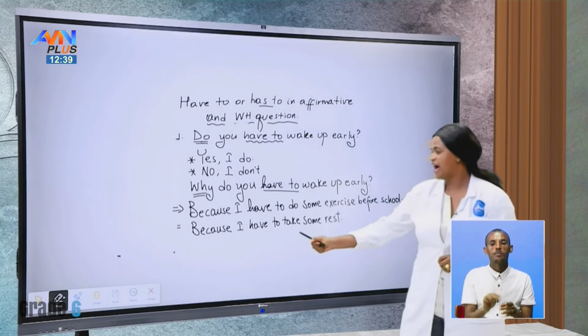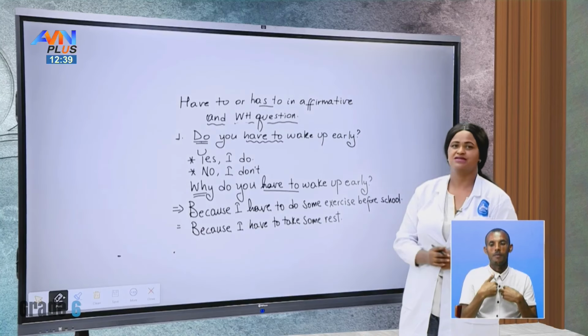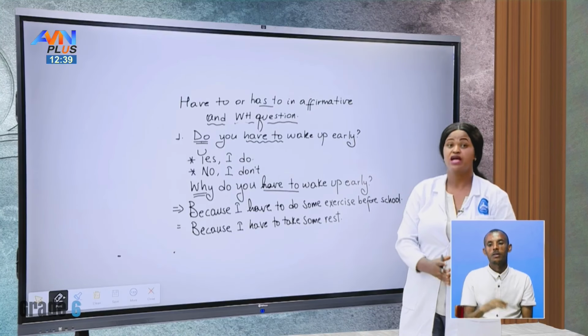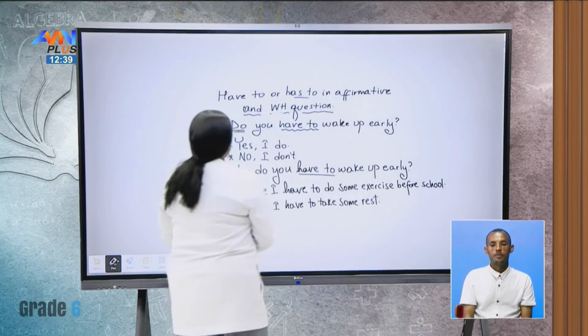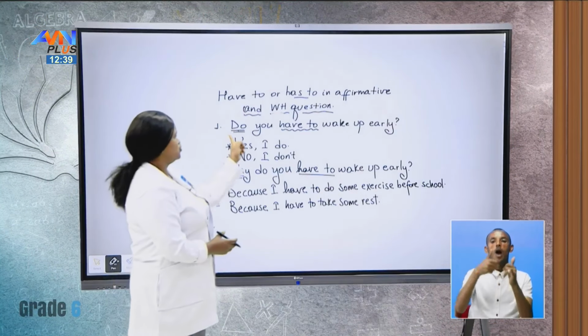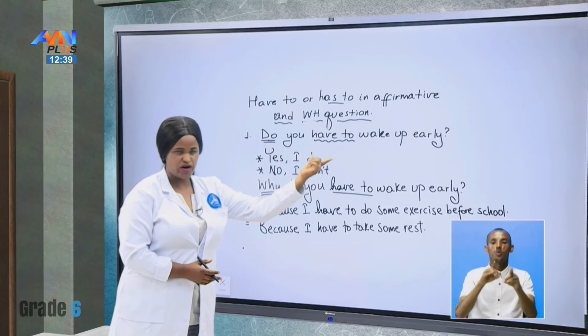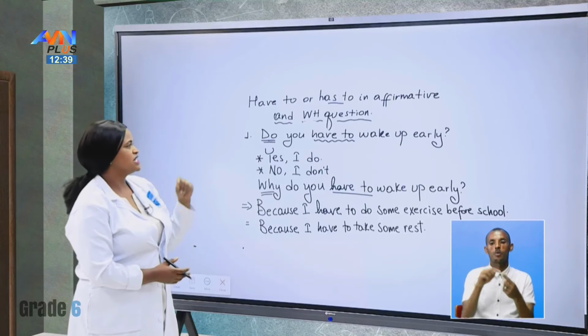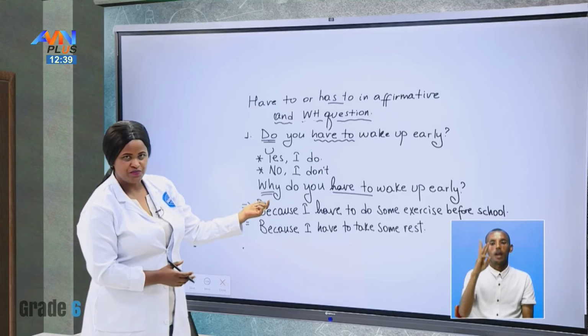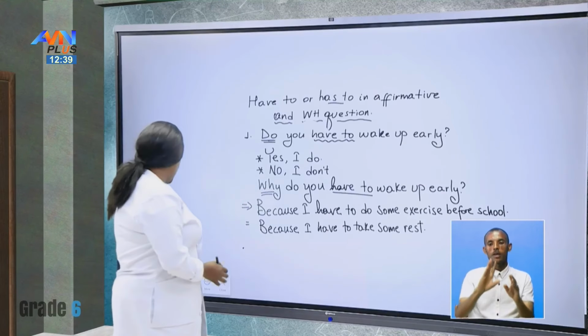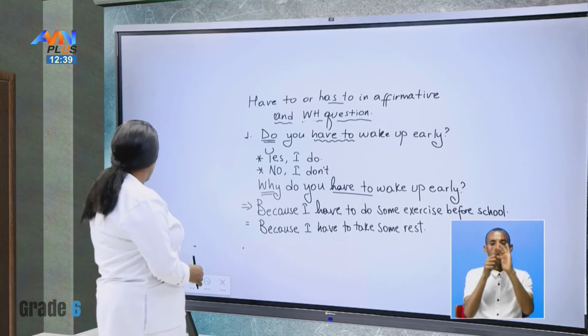Because I have to take some rest. That means I have to stay, yes, I have to stay on my bed. So this is how we use do with have to or has to. We will see does and the other one and the WH question. Let me give you some other example, okay?